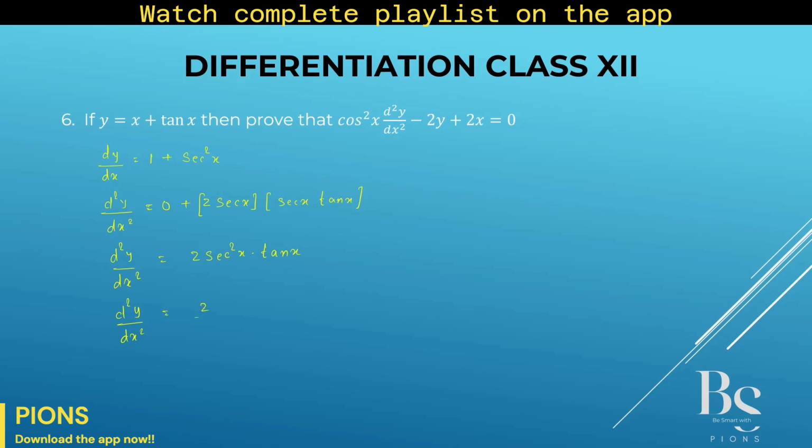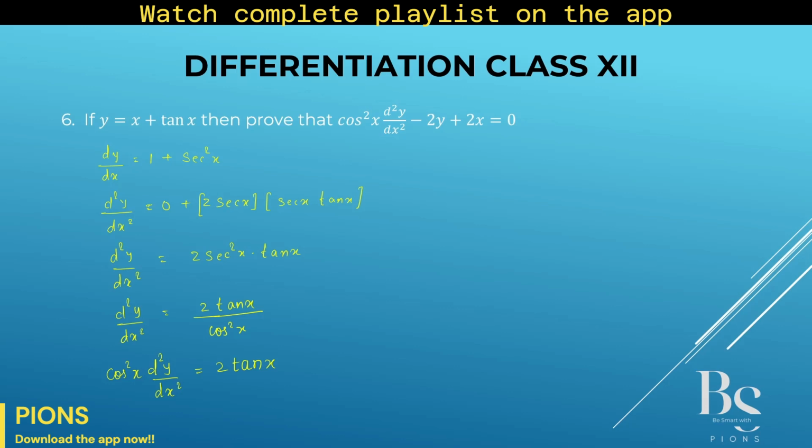So 2 tan x upon cos square x. Let's take this cos square on the left hand side. It will be cos square x d square y by dx square equal to 2 tan x. I hope this is clear. I took this cos square x on the left hand side and multiplied, and I got 2 tan x.